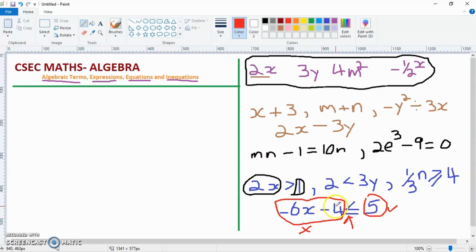Good, great. All right, so let me write the definition for an algebraic term to the left.